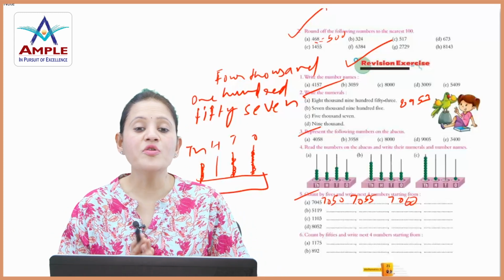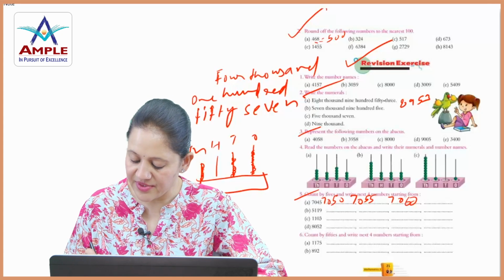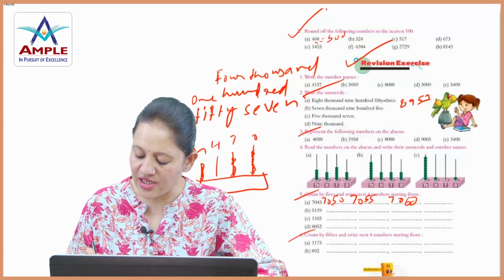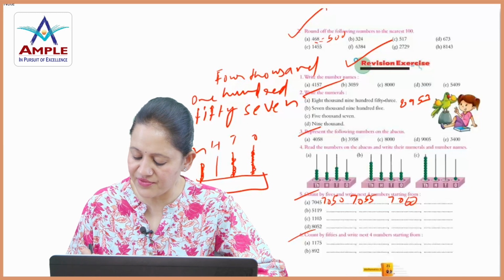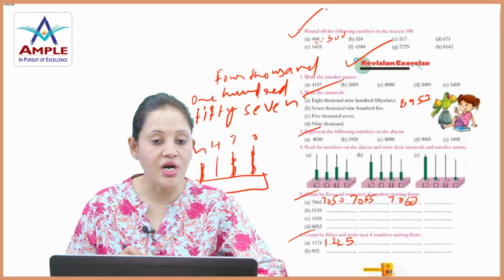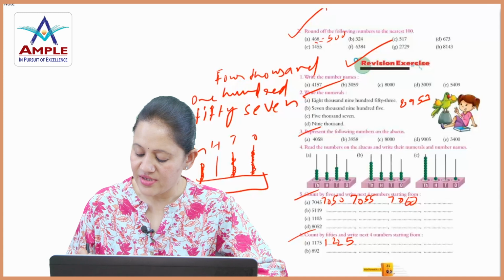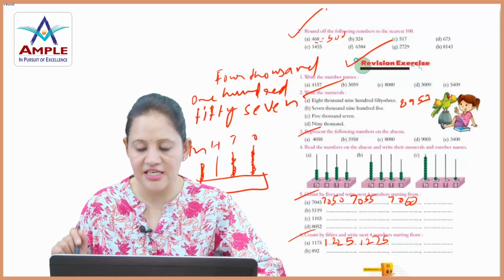Next, count by 50s and write the next 4 numbers starting from 1175. Every time we have to add 50. So 1225, 1275. Like this, we'll keep adding 50 to the previous number and get the next number.